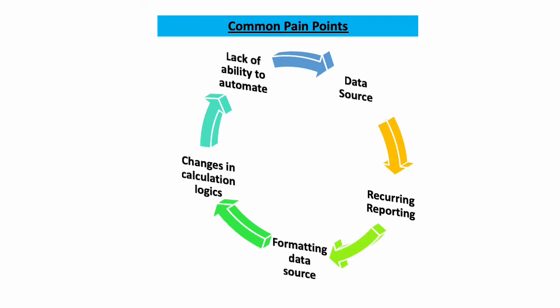The next pain point is the changes in calculation logics. What I mean by that is since tax is a law-based area, we always have changes to the tax laws. So the way you are calculating a number on your Excel file can change every year, or if not every year, then maybe every 2-3 years, depending on the changes in the tax laws.